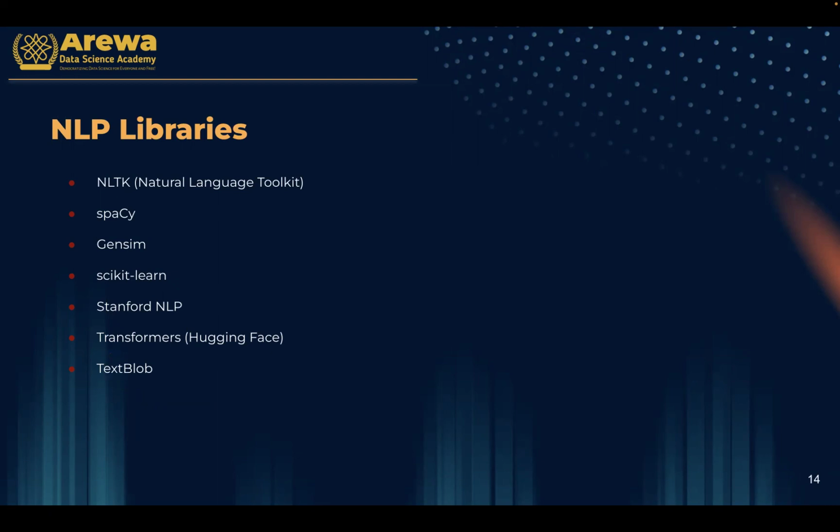So also there are NLP libraries, libraries that you'll be working with. I think after this presentation, we'll go and see some of these libraries, TextBlob especially, and you'll see TextBlob and its dependency on the Natural Language Toolkit, which is NLTK. So there is spaCy, there is Gensim, Scikit-learn, there is Stanford NLP. There is now the one that almost everyone uses, the Transformers.